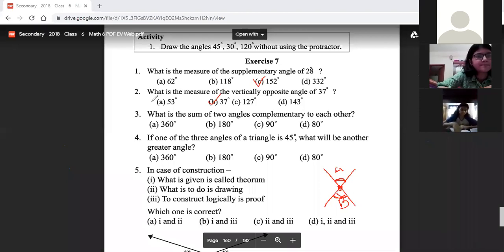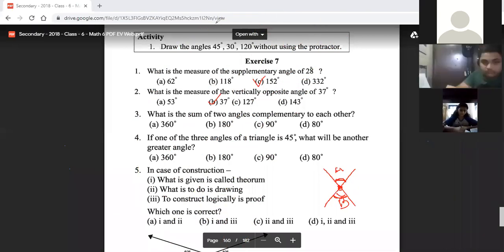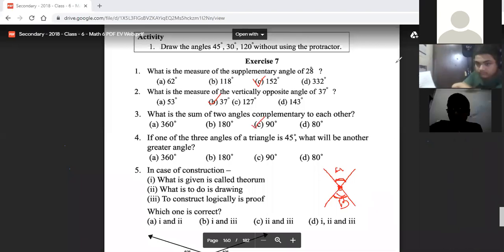Yes, sir. When the sum of two adjacent angles is 90 degrees, then those two angles are complementary. Very good answer. If the sum of two angles is 90 degrees, then one is called complementary to the other. So answer 3 will be C.